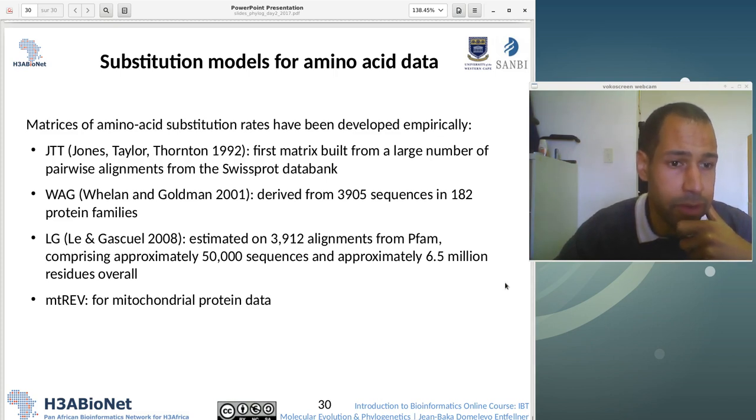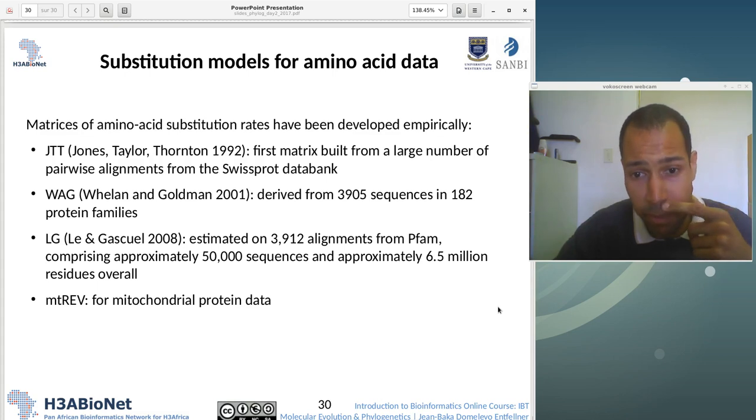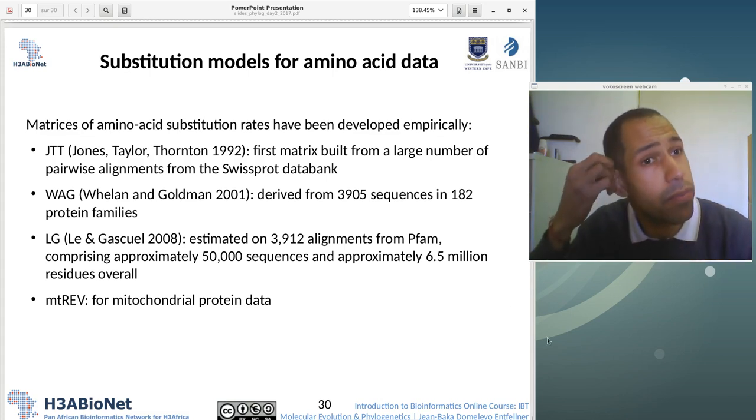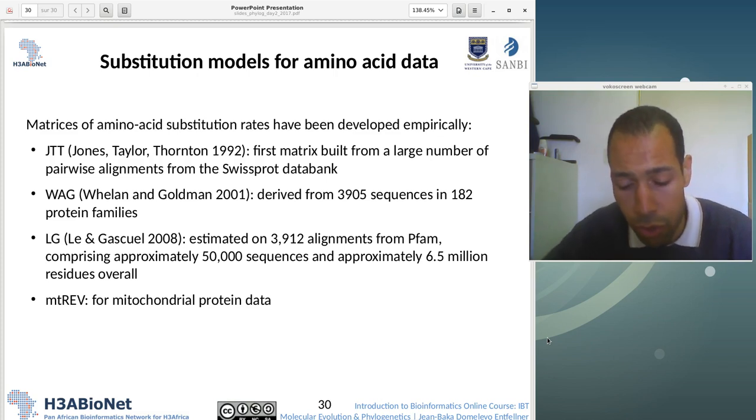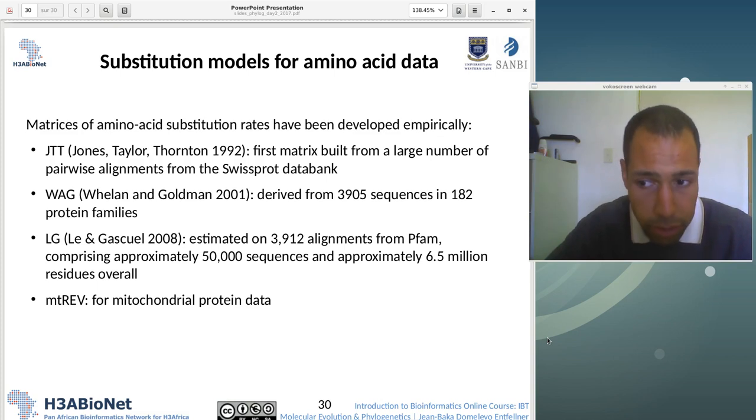These matrices of amino acid substitution rates have been developed empirically by studying a large amount of aligned protein data and seeing how often you have an observed substitution between this amino acid and that amino acid, and more or less by analyzing how frequent some substitutions are compared to others, we have designed these models for amino acid substitutions.